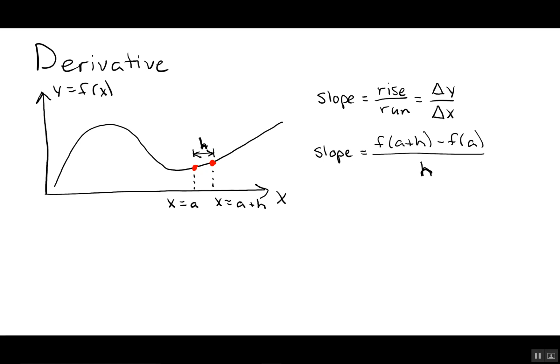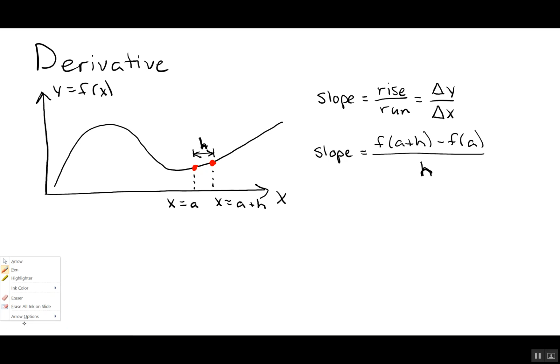So applying our definition of the slope, we can estimate the slope at the point x equals a by finding the difference between the value of the function at x equals a plus h and at x equals a, and dividing it by the change in x between those 2 points, which in this case is h.